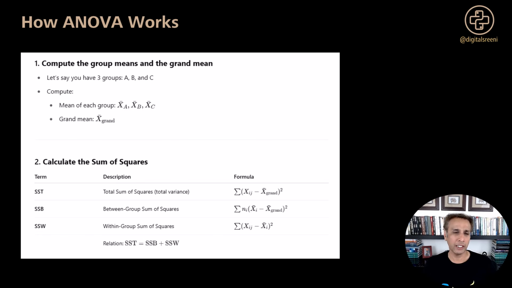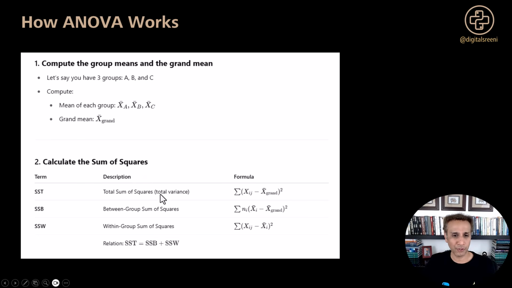Here, if you like equations, here it is. Let's say you have three groups, A, B, and C. Step one is the mean of each group, mean of A, mean of B, mean of C, and then the grand mean. Put all of the data together and get the grand mean. Then calculate SST, SSB, and SSW. These are common acronyms that we use in statistics, especially in ANOVA. So calculate the sum of squares.